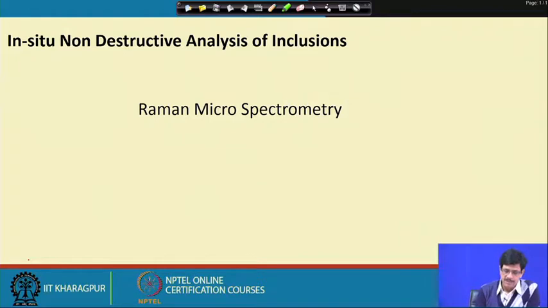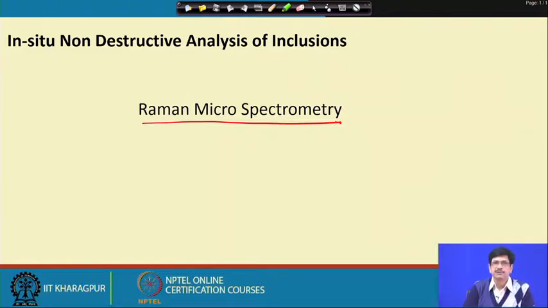One very popularly used instrumental method is Raman microspectrometry, which uses the concept of Raman scattering, a manifestation of molecular species because of the covalent bonds that the atoms are combined with, and the vibration of the molecules within the infrared range.